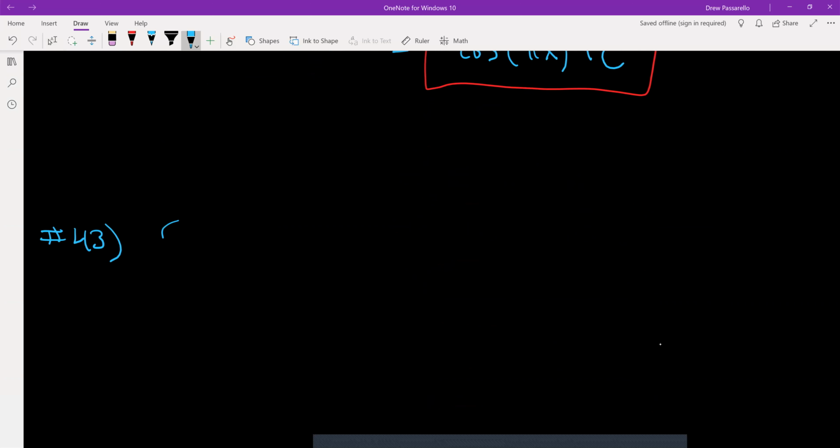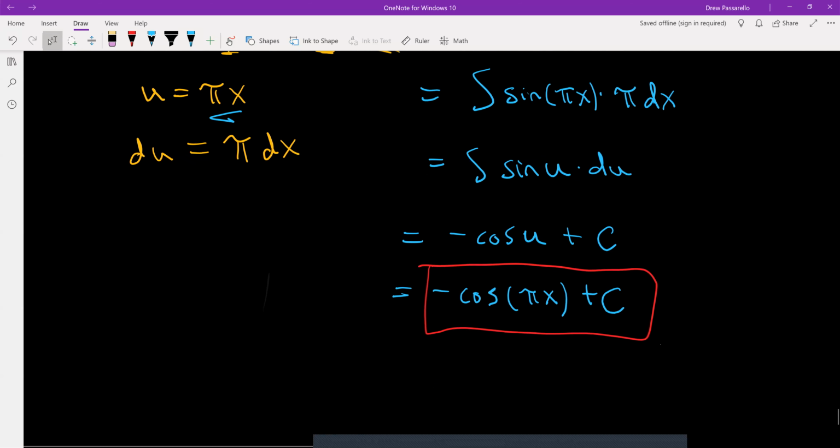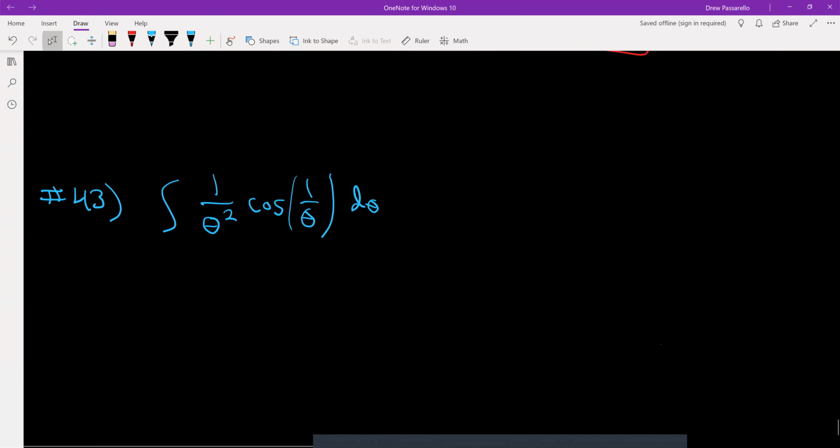All right, so 43's got 1 over theta squared, and then cosine, and it's 1 over theta d theta. Now the 1 over theta part is what you're taking cosine of, so I'm just going to go ahead and put those parentheses. Now, just like before, where I let u be the stuff in parentheses, I'm going to do the same thing here.